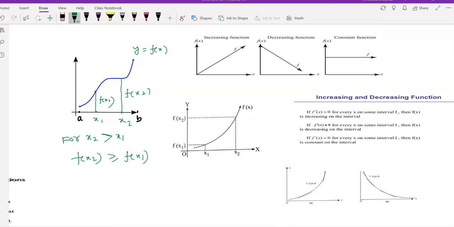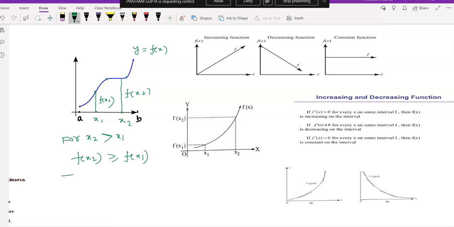Why did I say this? Because if I have taken x1 here and x2 here, then x2 is greater than x1, but f(x1) is going to be equal to f(x2) in this horizontal part. So this kind of function is just increasing.